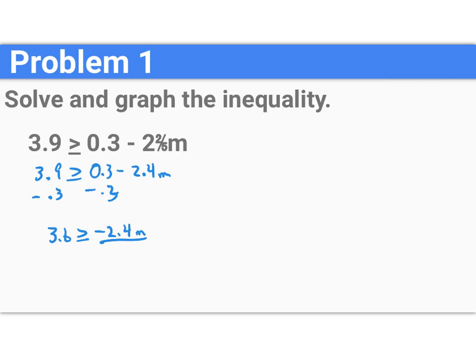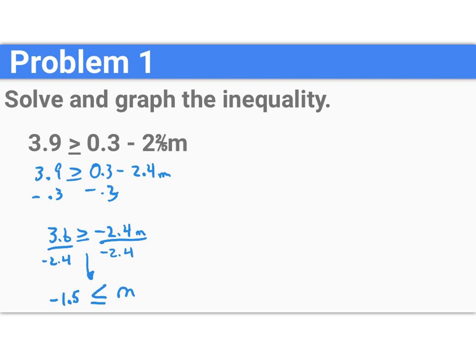So we're going to divide by negative 2.4 on both sides. When we divide by negative, the sign flips, so be careful. And then that becomes 36 divided by 24, which is 1.5. Negative 1.5.